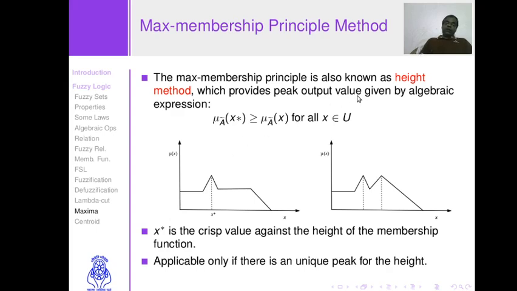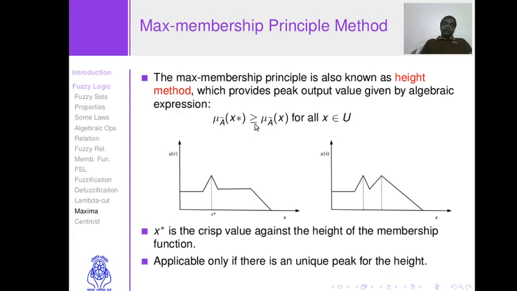In algebraic form we can write it like this. Here x star is that element in the fuzzy set which is having the degree of membership greater than or equal to other elements.